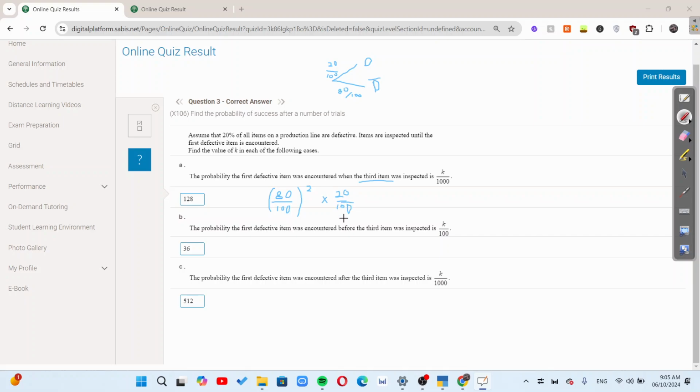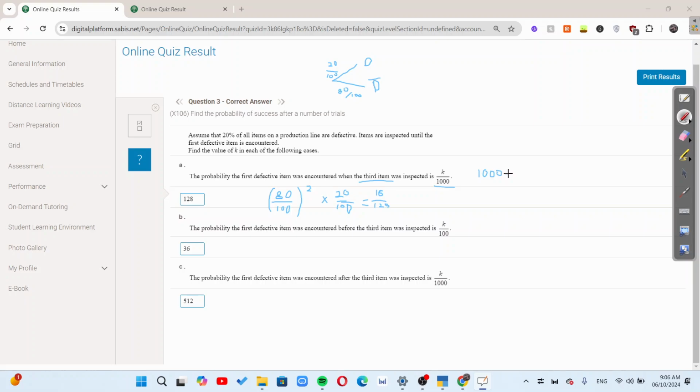Now when you put this into your calculator, you're probably going to get 16 over 125. Now you're going to say, oh no, it's definitely wrong. It's not. You just have to make them the same denominator. So here they want it over 1,000. You do 1,000 divided by 125 on your calculator, you're going to get that it's equal to 8.